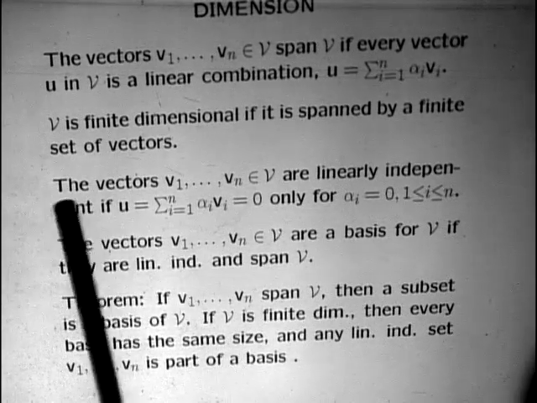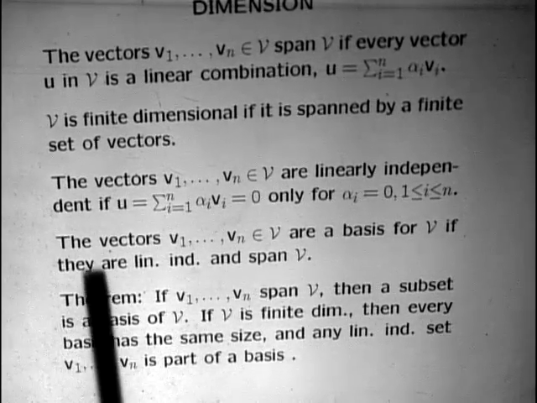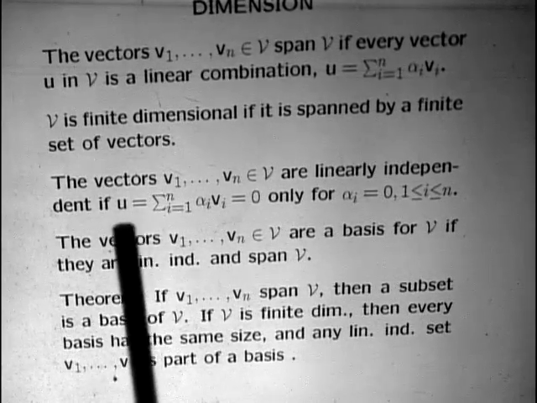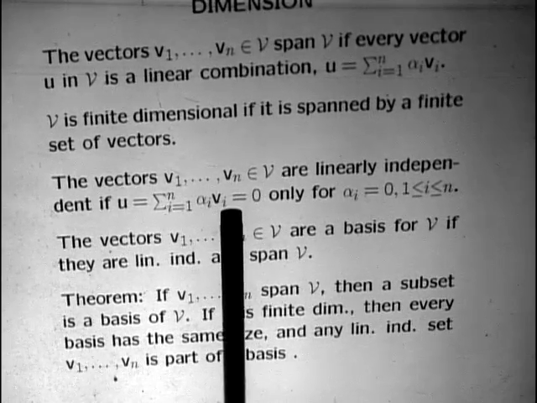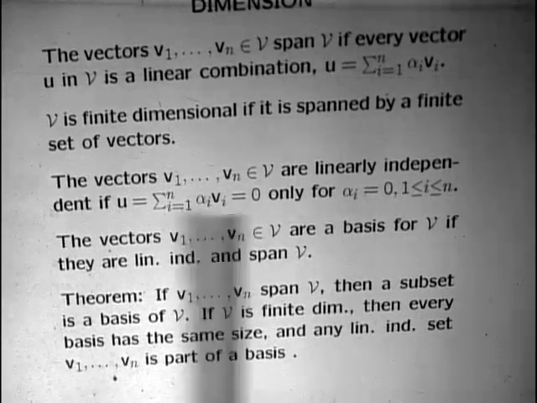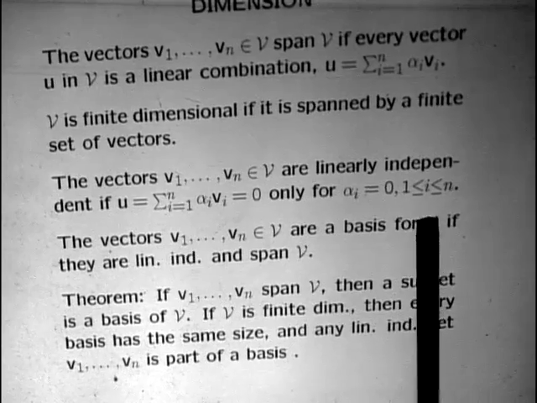Okay, second definition. The vectors v1 to vn are linearly independent, and this is a mouthful, if u equals the sum of alpha sub i v sub i equals 0 only for alpha sub i equal to 0 for each i.